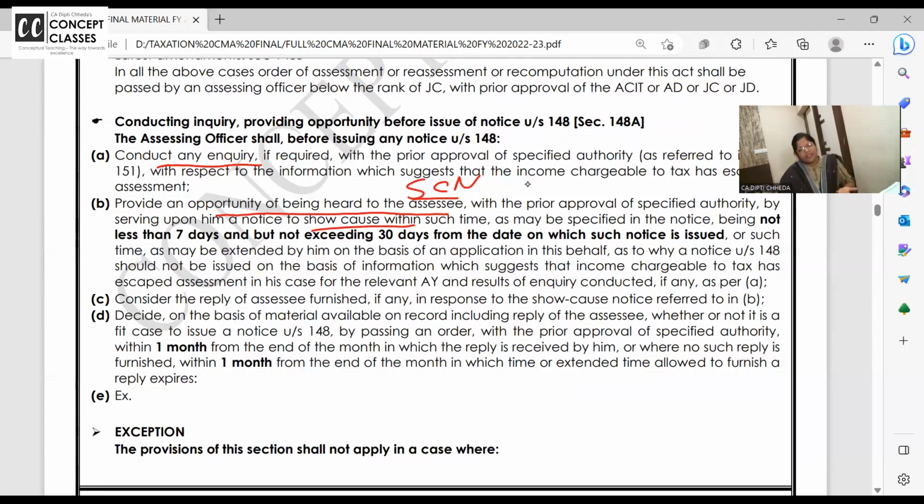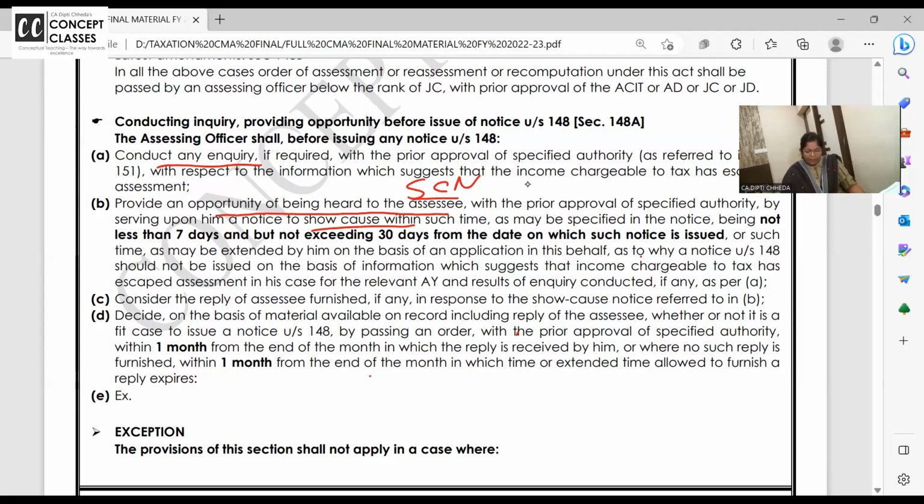But sir, I have already filed the return. File again, because you have income escaping assessment. So file the return again. So why he should not issue the notice of 148, he is giving an opportunity of being heard to the SSE. Within 7 to 30 days of the notice, the SSE should reply.